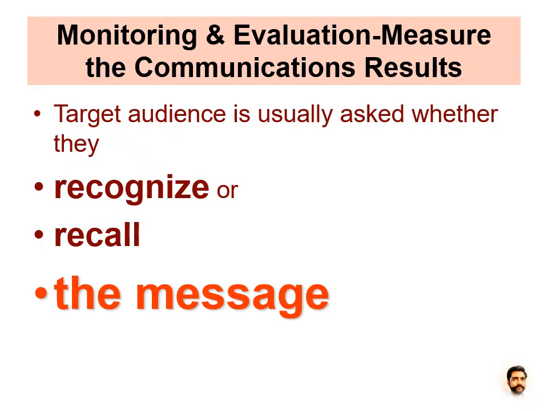So as a marketer, we must be able to get this information from the audience. We must be able to evaluate whether the target audience recognizes or recalls the marketing campaign message. On the basis of this criterion, we can evaluate the effectiveness of the integrated marketing communication results or the campaign.